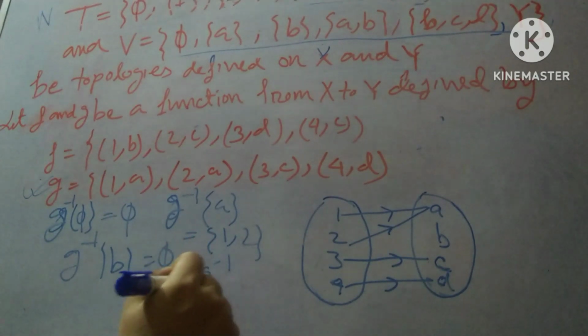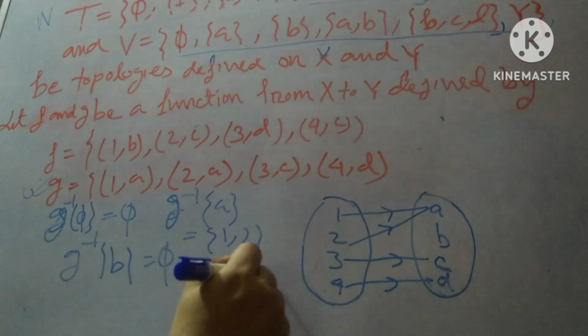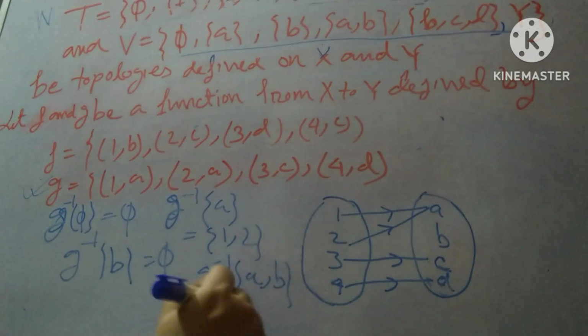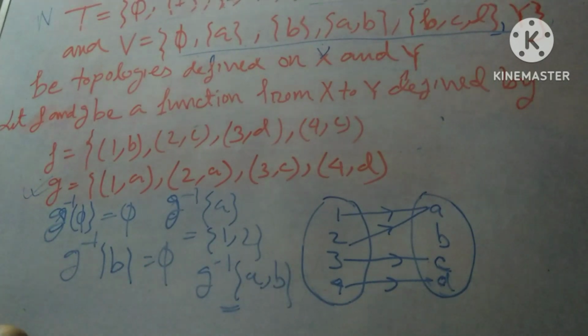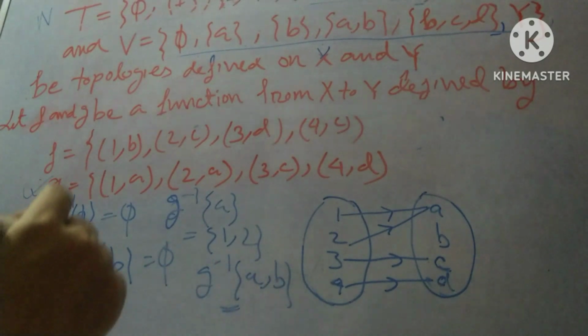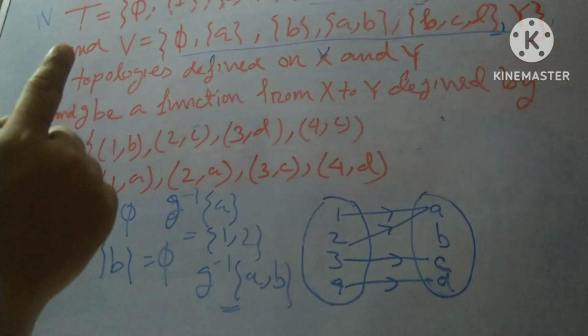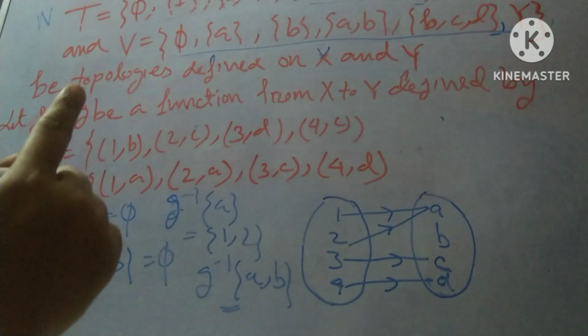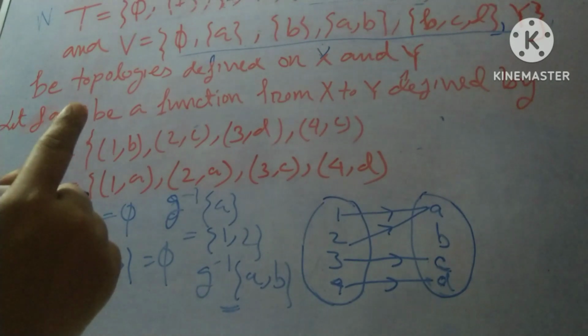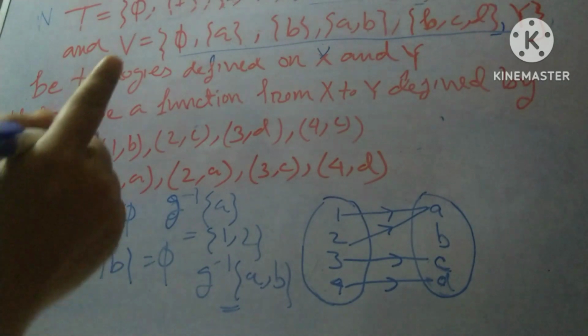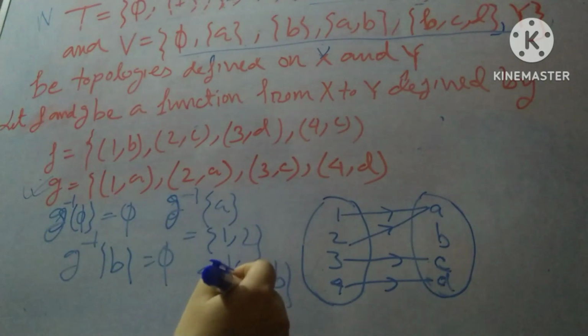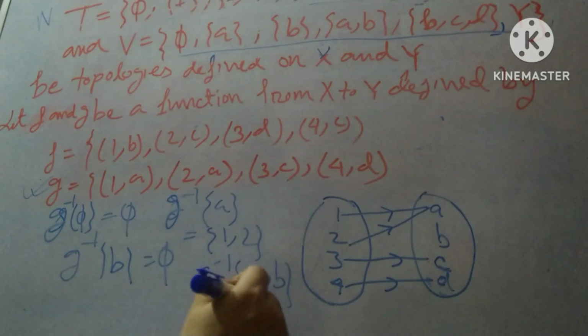G inverse of {A, B} equals G inverse of {A} union G inverse of {B}, equals only {1, 2}.